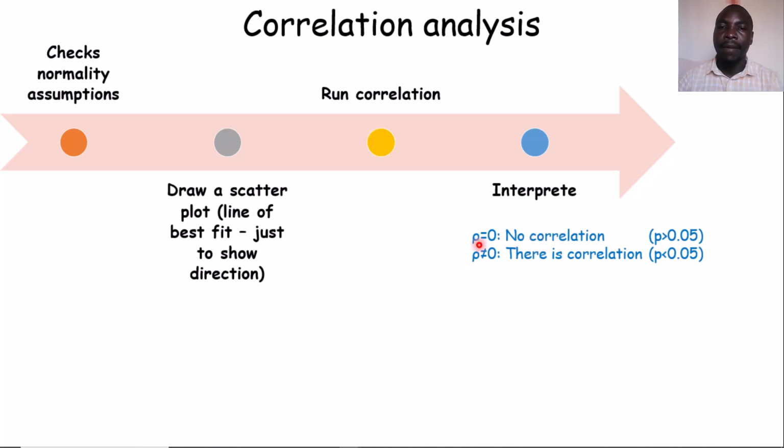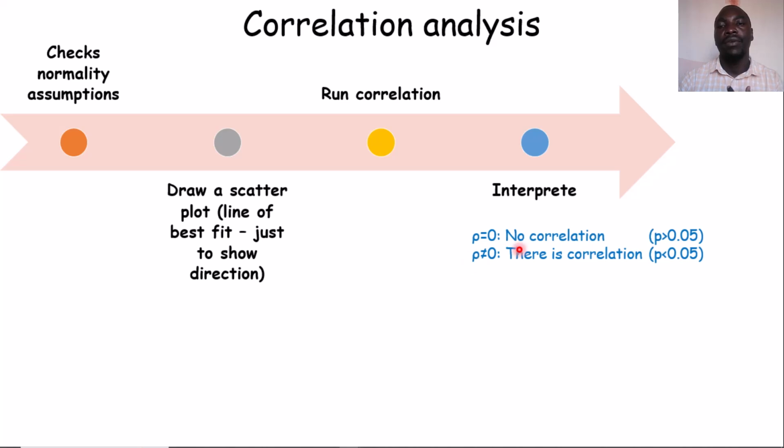The null hypothesis says the population correlation coefficient rho is equal to 0. In other words, there is no correlation at all between the price and the sales. Whereas the alternative says that rho is not equal to 0, meaning there is some correlation between these two variables.